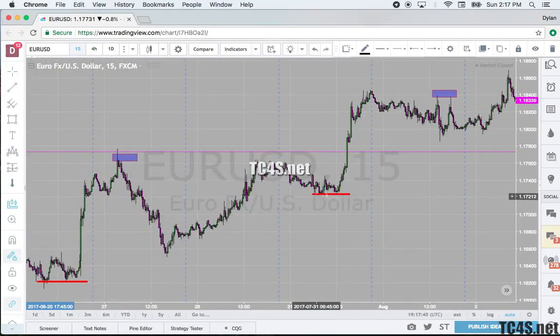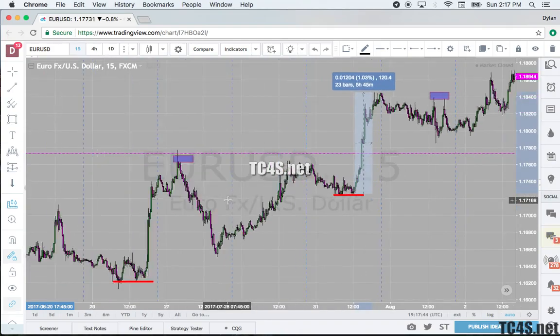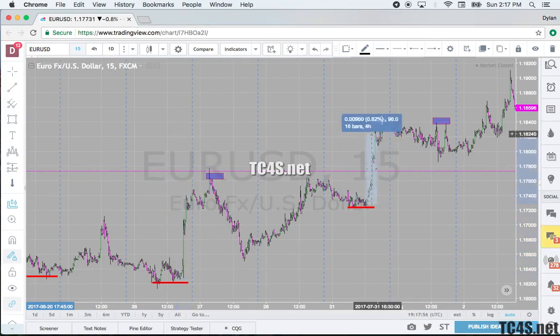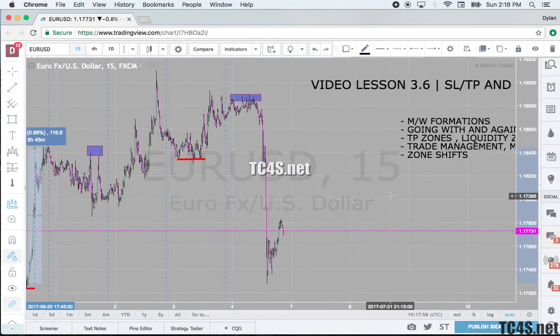So all the red ones, and then look at the almost instant profit. Well, yeah, basically instant profit and then a massive profit. They're massive trades, you guys, massive moves when you go with the trend.